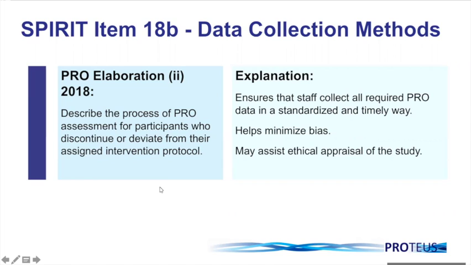Now, the reason for this is that it ensures that staff collect all the PRO data required and no more after that discontinuation or deviation has occurred, and do it in a standardised and timely way. This in turn helps minimise bias, and it may also assist with ethical appraisal because of the ethical issues around discontinuation and deviation from intervention protocol.